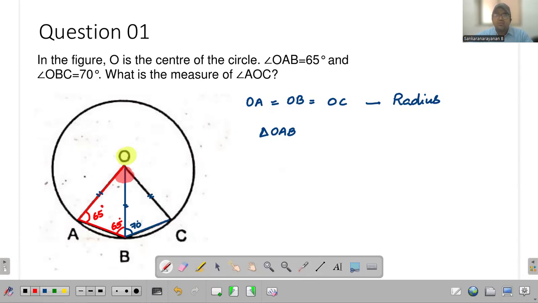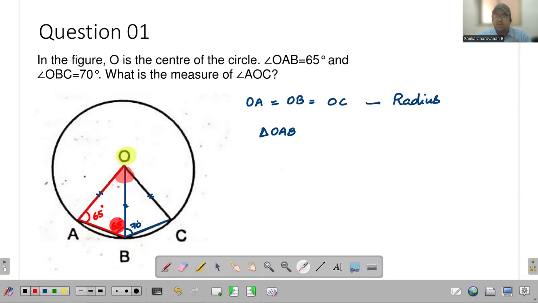Okay. Now, it is given that angle OBC, O to B, B to C, is 70 degrees. We are asked to find the measure of angle AOC, right? So now, what I am going to do further here is, I will consider 65 plus 65. This is equal to 130, right?